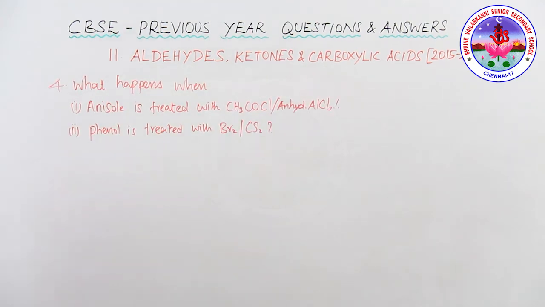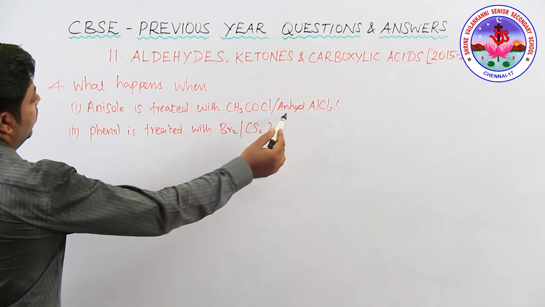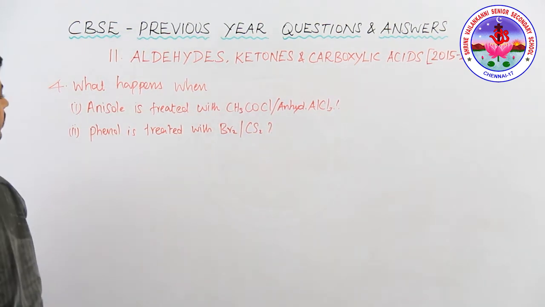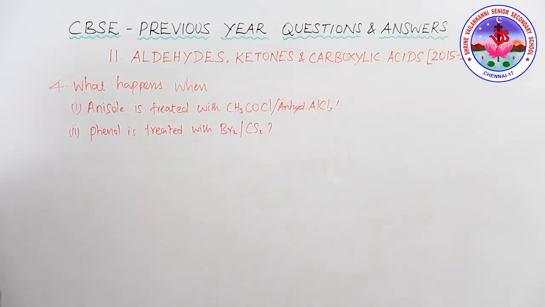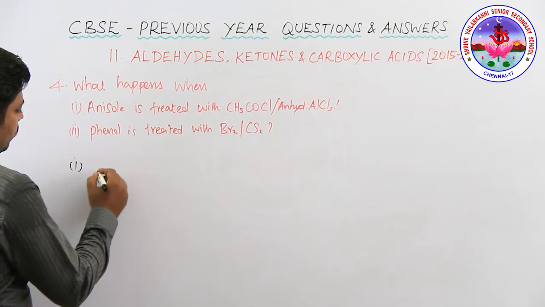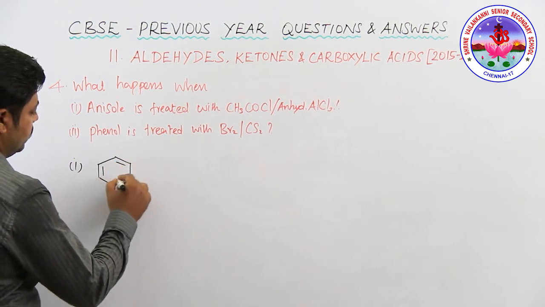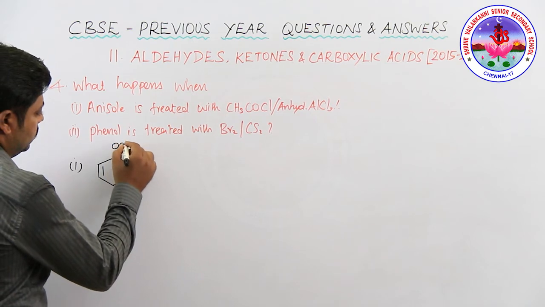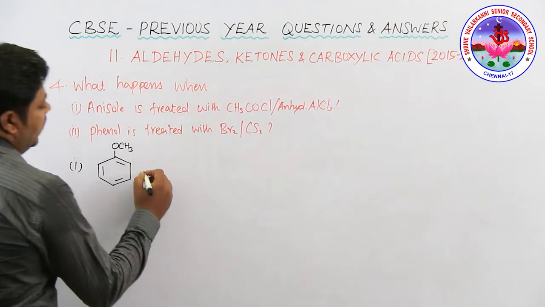The next question is: what happens when anisole is treated with acetyl chloride and anhydrous AlCl3? Then the second question is: phenol is treated with bromine water and carbon disulfide. The first answer is the anisole. Know that anisole is a benzene ring containing OCH3. The anisole is treated with what?